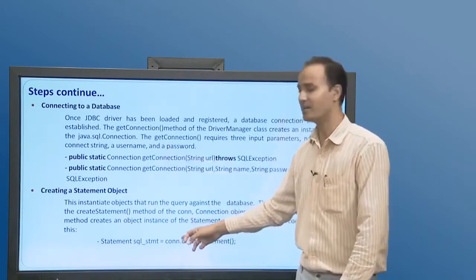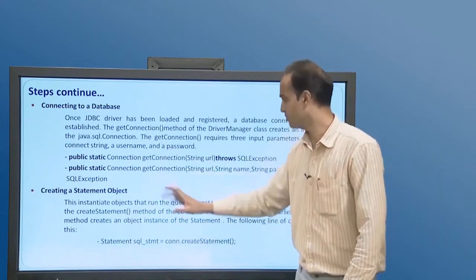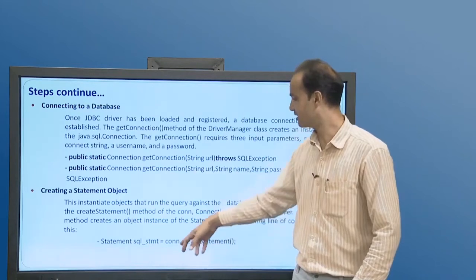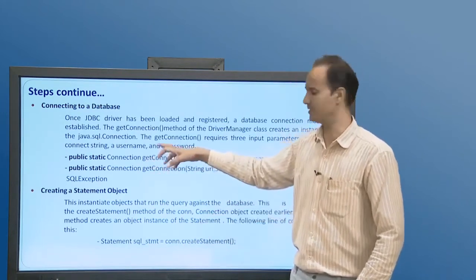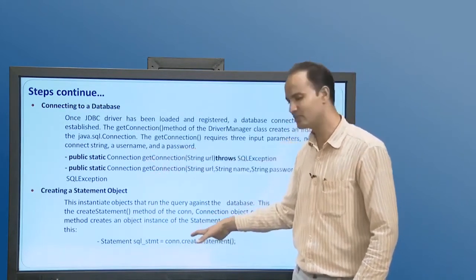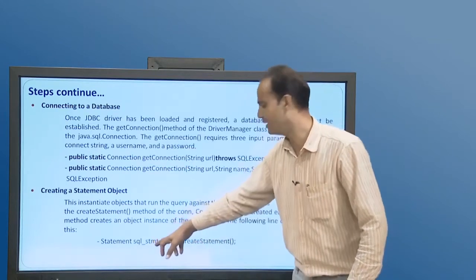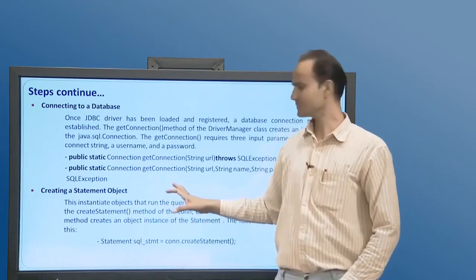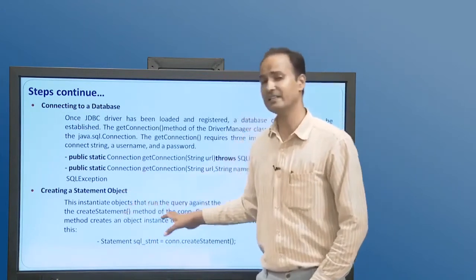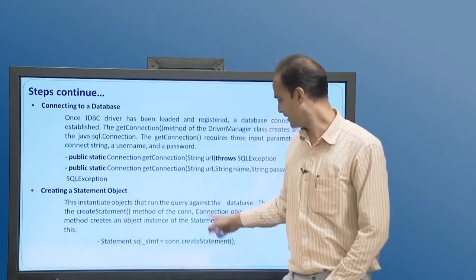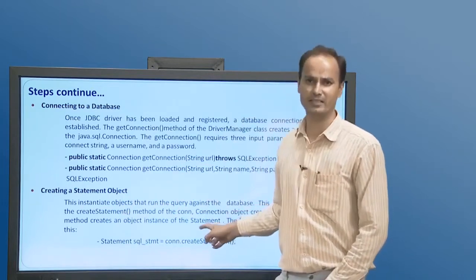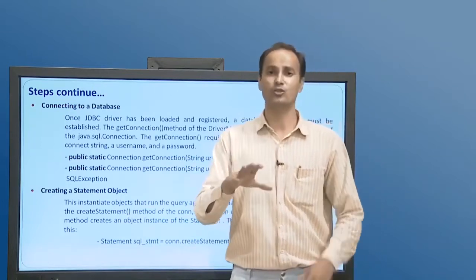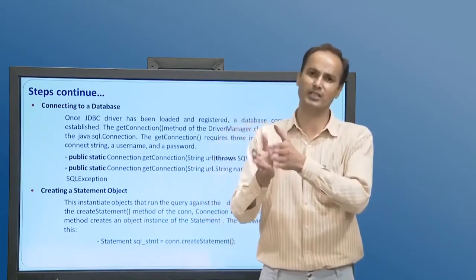The connection instance helps us to create a statement using the method createStatement. The createStatement method is a method of the Connection interface. Once this method executes, it will return us the statement instance. So, we are creating the statement instance using the connection's createStatement method. Once this executes, we have a statement instance to fire the query to the underlying database.